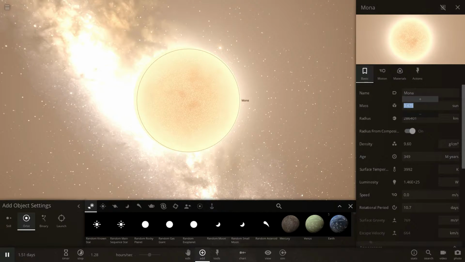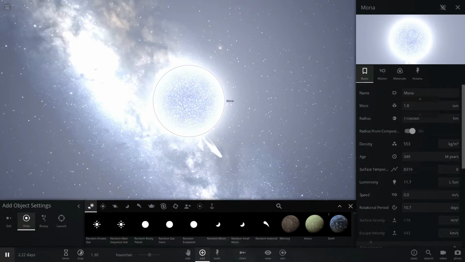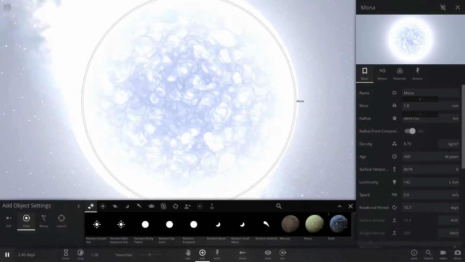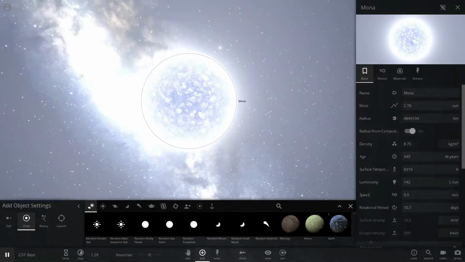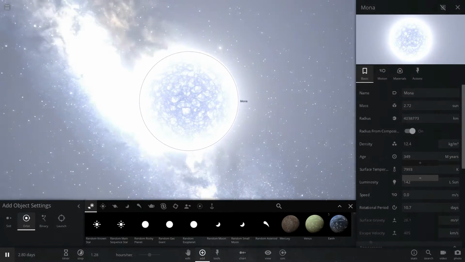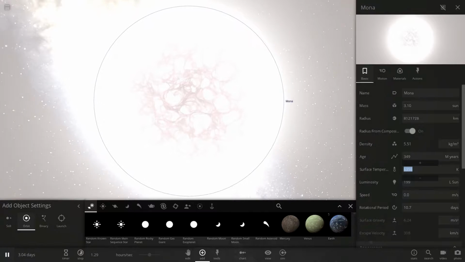Normally, it ranges from 1.5 suns to 2.2 suns. So we're gonna go in the middle, 1.8 suns. We're gonna drop its temperature.